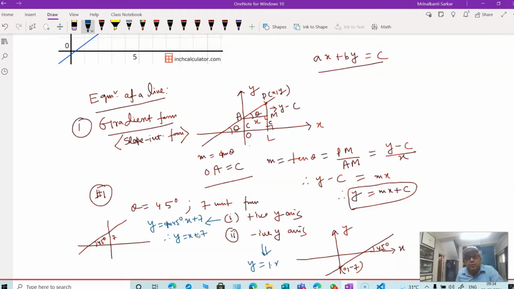Tan 45 means 1 into x minus 7. Okay? If somebody says that I will learn only one equation, I will suggest to learn this. Other equations can all be changed to this one. Or learn this one which you have learned in class 9 and 10. But here, to reduce the number of steps, we need to do the other forms also. That I am going to tell you gradually. Okay?